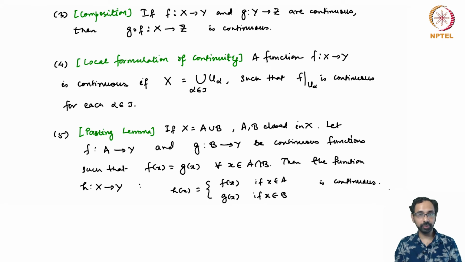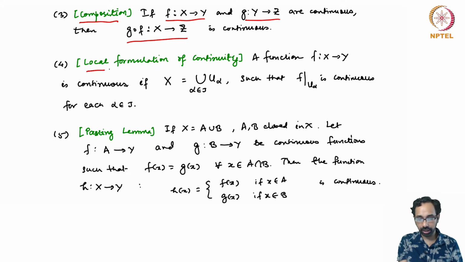Now we have three more ways to construct continuous functions. The first one is just by composition. If f from X to Y and g from Y to Z are continuous, then the composition of these two functions is a continuous function. The fourth way is to have a local formulation of continuity. What is meant by a local formulation?